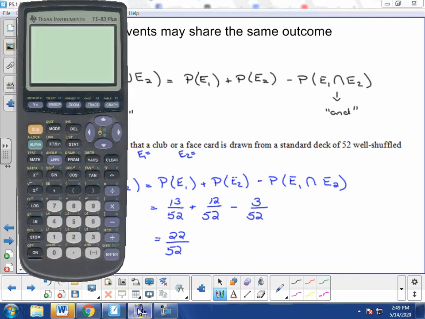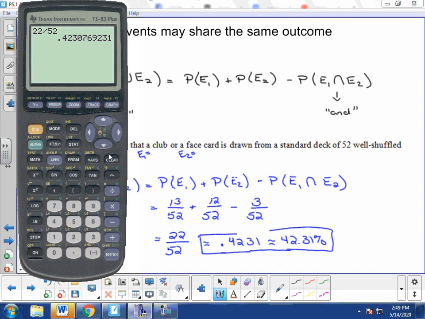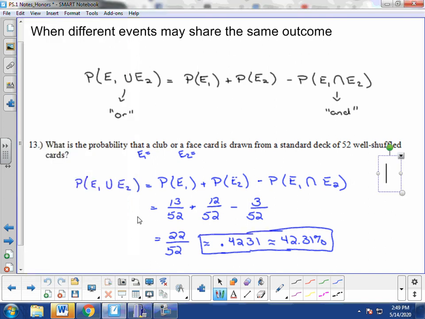You could simplify that fraction if you wanted to give your probability as a ratio, but let's go ahead and do decimals and percents. That's more common. So this would be approximately 0.4231, or approximately 42.31% chance that if we draw a card, it is going to be either a face card or a club. So again, we're using this formula when events have overlapping occurrences. We could have a face card and a club in this example.